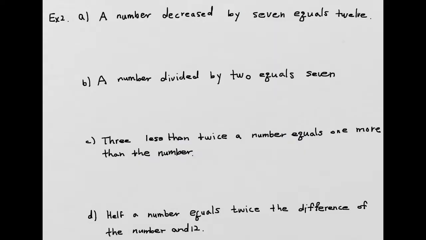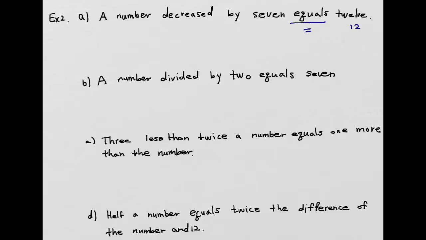For the second example in this section, we want to see if we can change given statements into equations. Let's look at example A. A number decreased by 7 equals 12. Remember, I want to find the equal sign first. Here I see equals. Something equals 12, right? So I found one side.